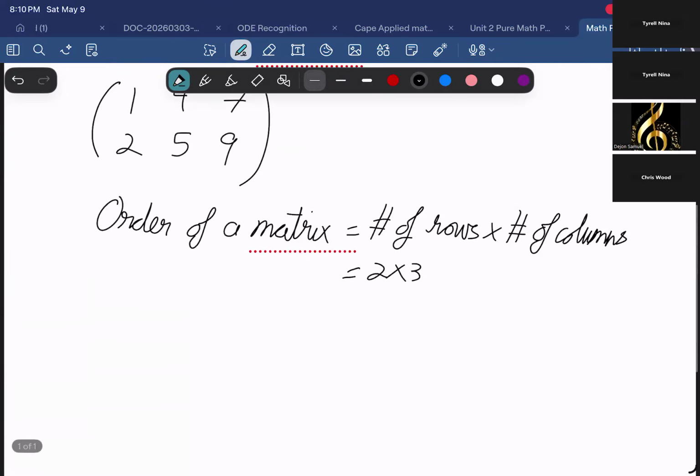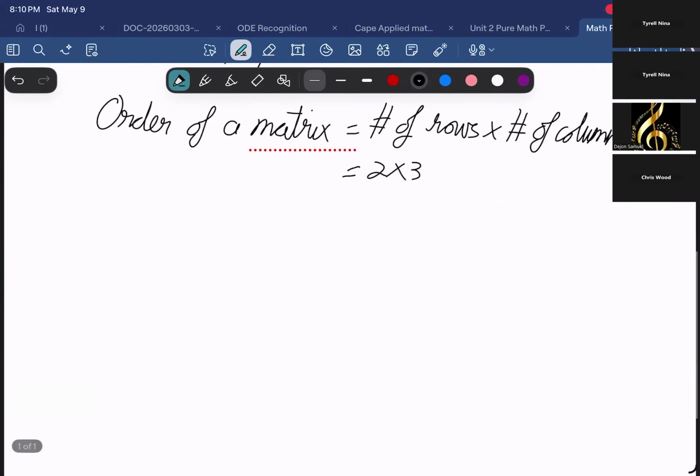Now, addition, subtraction, pretty straightforward. You just do each element as normal. What I really want to discuss is the multiplication, right? This is where it gets a bit, you know. So multiplication of matrices.